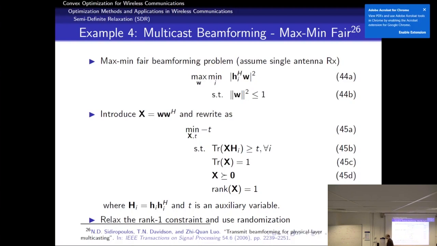And so how would you write this down? You can say the following. So max, min over i, h_i Hermitian w, right. So let me write this slightly differently. And I will say this is a max of a new variable t.